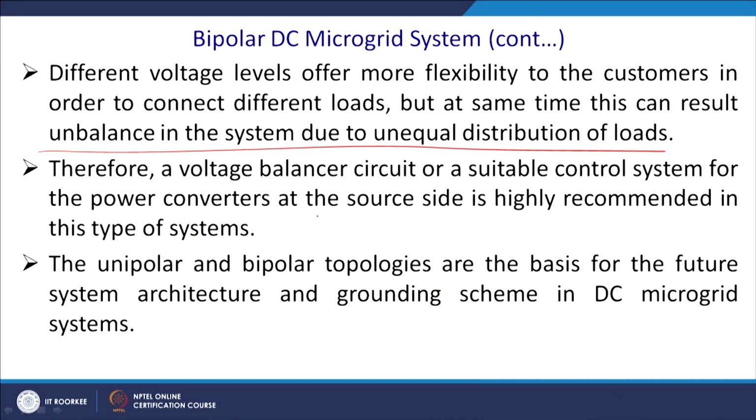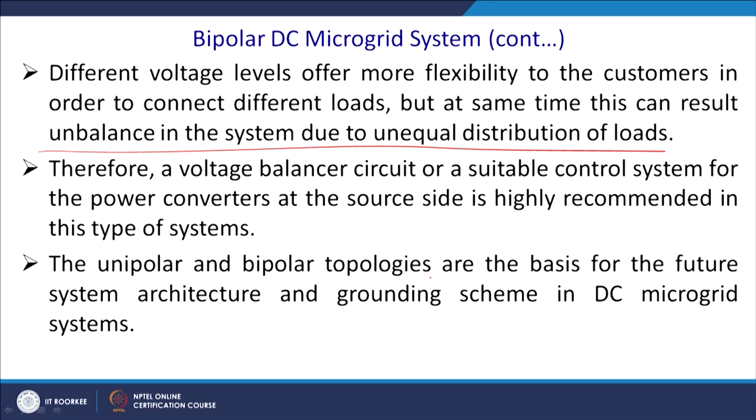That is one of the disadvantages of it. Therefore, a voltage balancer circuit or a suitable control system of the power converter at the source sites is highly recommended for this type of system. So, you are required to provide that equalization, otherwise you have a floating problem, we generally say.